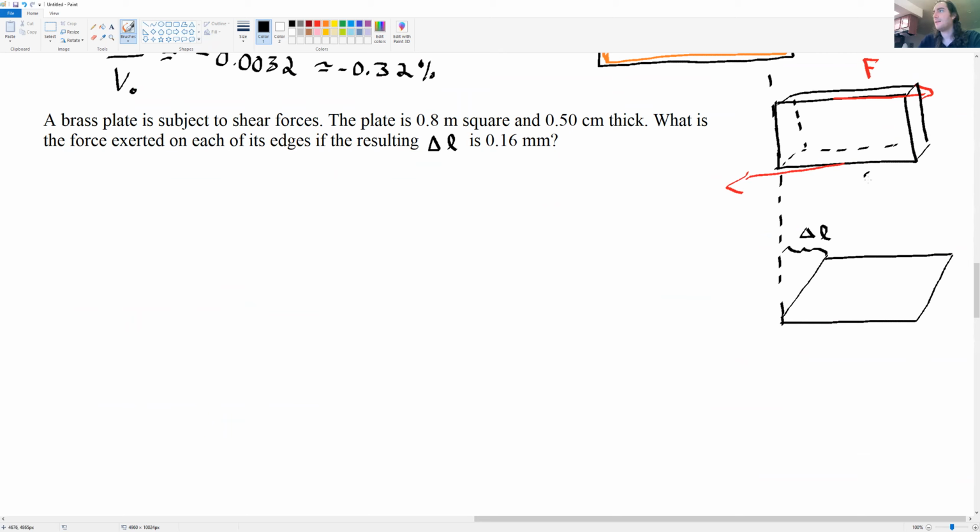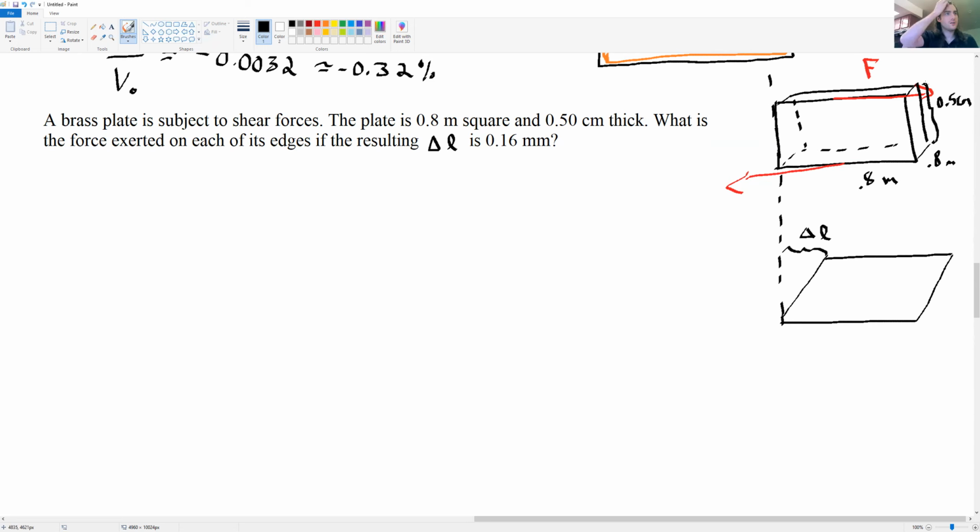The plate is 0.8 meter square, which means the side here is 0.8 meters and the side here is 0.8 meters. And this height right here, which we call L0, is the thickness of 0.5 centimeters.